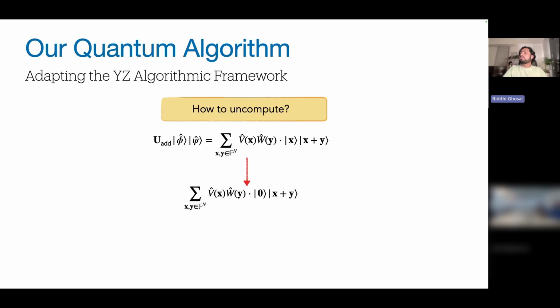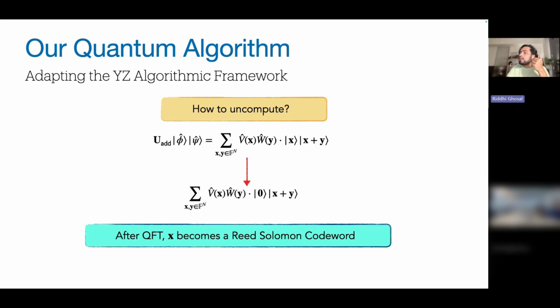Essentially the question is this. I give you this phi hat, psi hat, which looks like x and x plus y. How do you uncompute this x? So the first observation or the first result that needs to be noted is that we started with x as the dual Reed-Solomon code word.